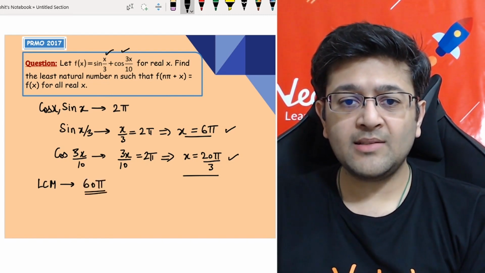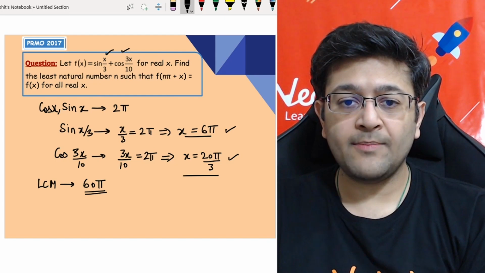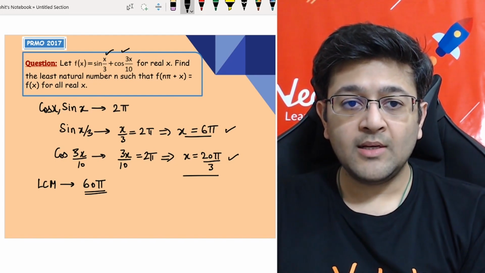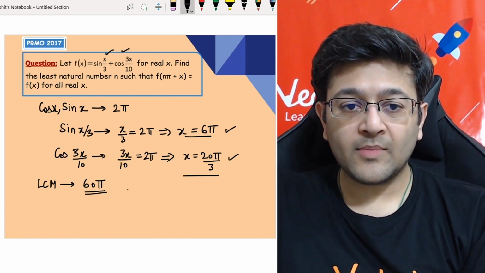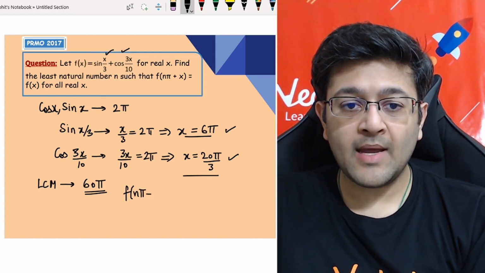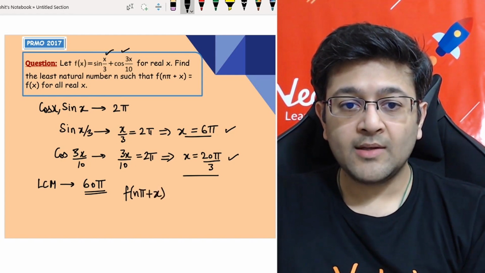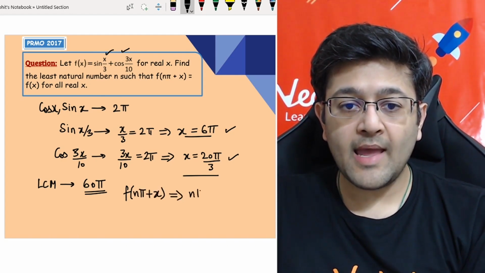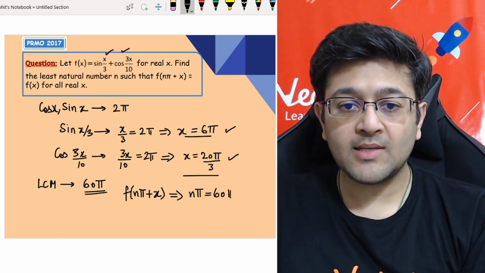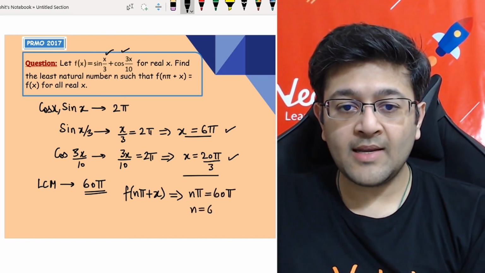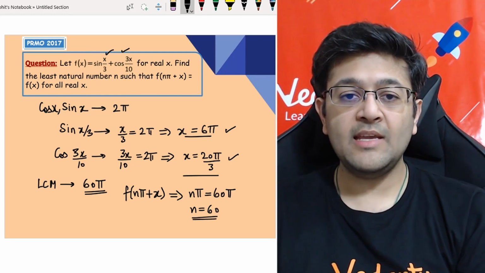Okay, so that is the least LCM of 6 pi and 20 pi by 3. So now according to the question, f of n pi plus x, in this case n pi is equal to 60 pi, which will give us the value of n as 60. It was a very easy question.